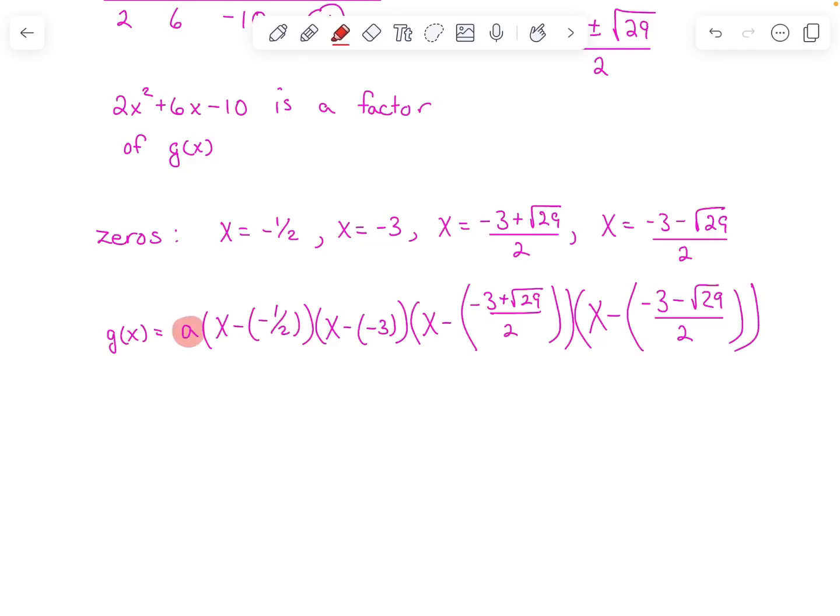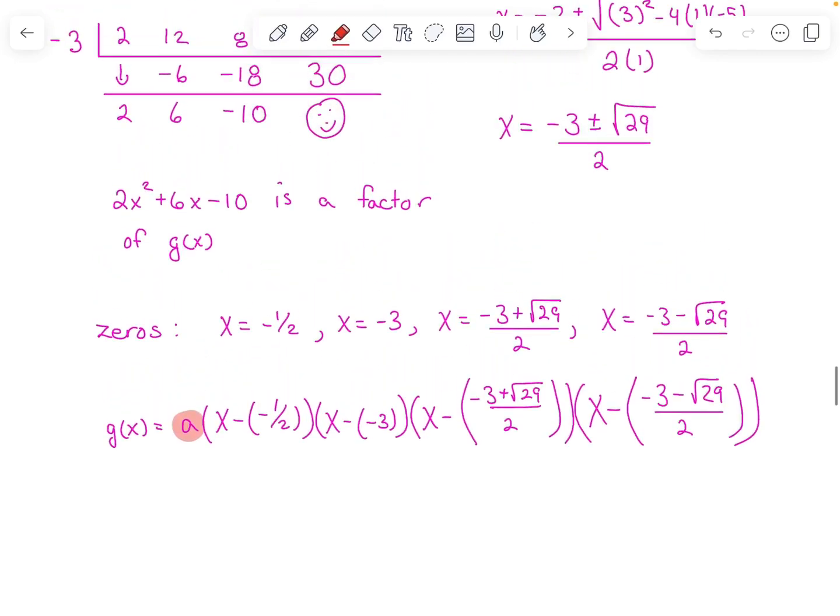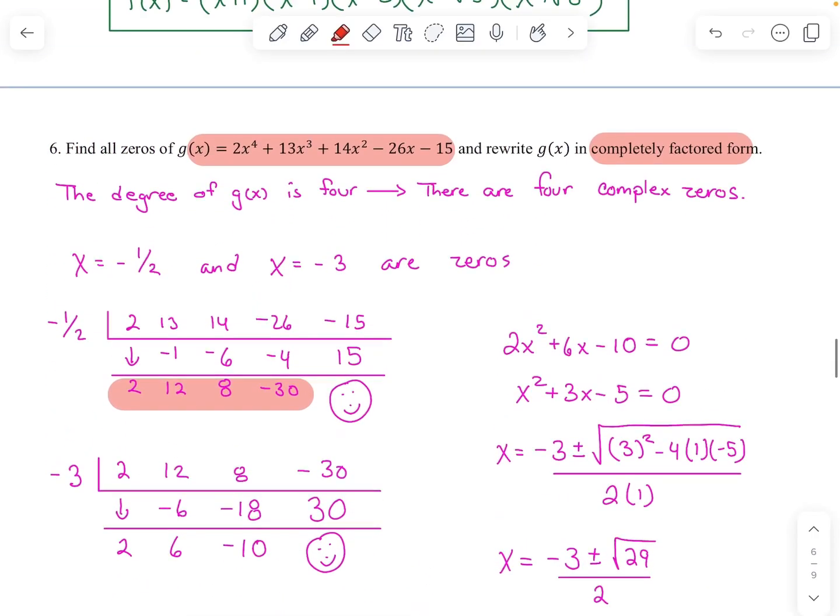To find the value of a, we go back to the given polynomial. The lead coefficient is 2, which means a is going to equal 2.